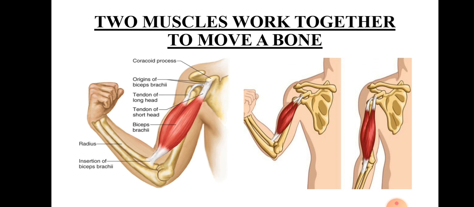The muscles have three types. You already studied this in previous classes, the 4th or 5th standard. First one is skeletal muscle, second one is smooth or involuntary muscle, the third one is cardiac muscle. The cardiac muscle is seen only in the heart.